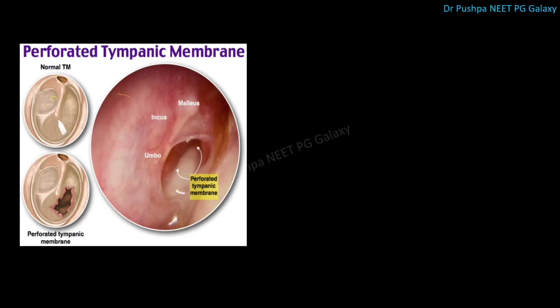This is the normal tympanic membrane. Here there is perforation in pars tensa. In tubercular otitis media, we will see multiple perforations. What are the other features of tubercular otitis media?